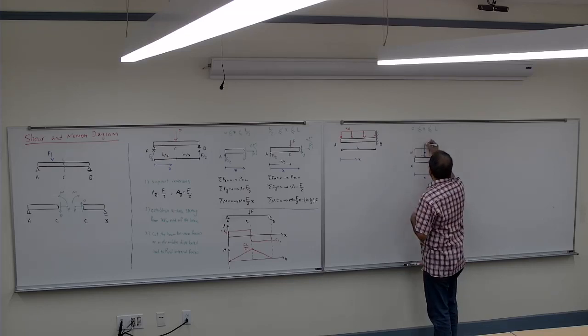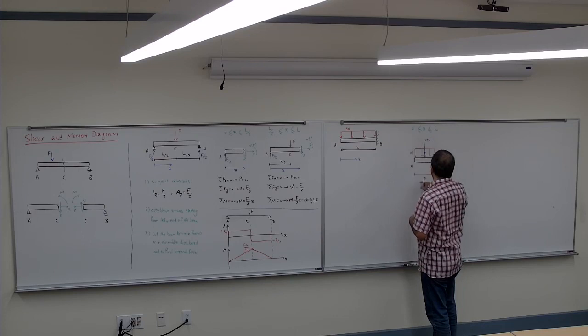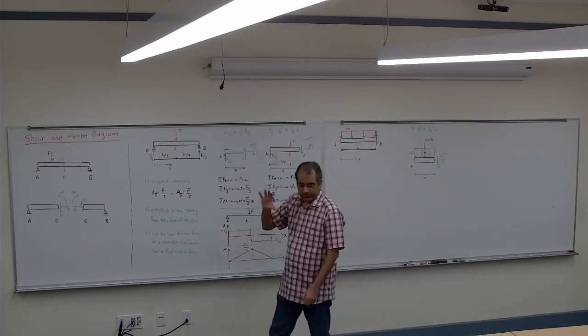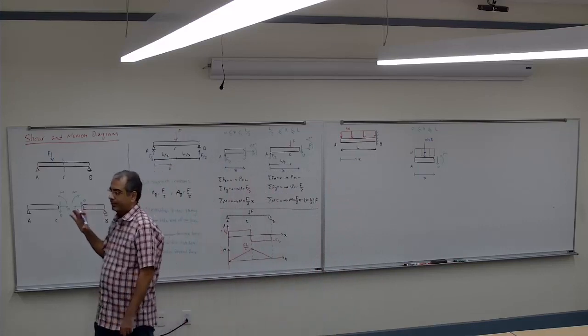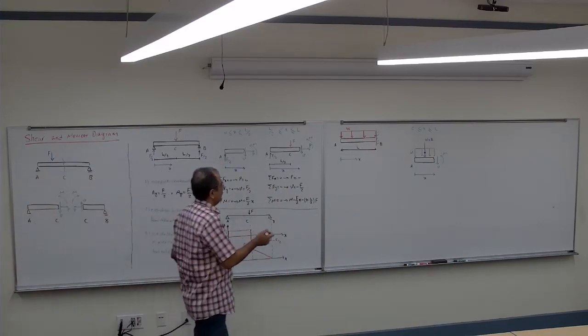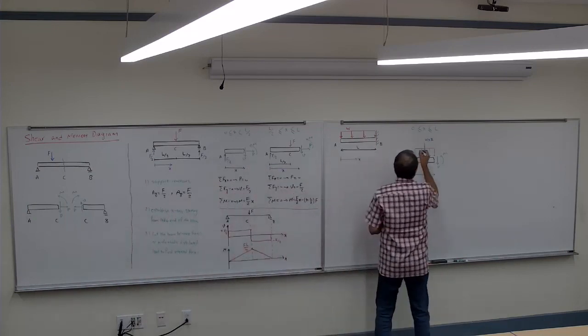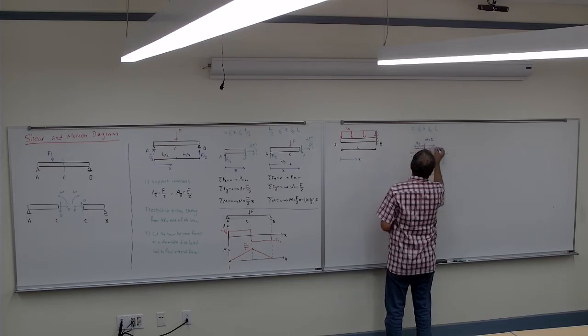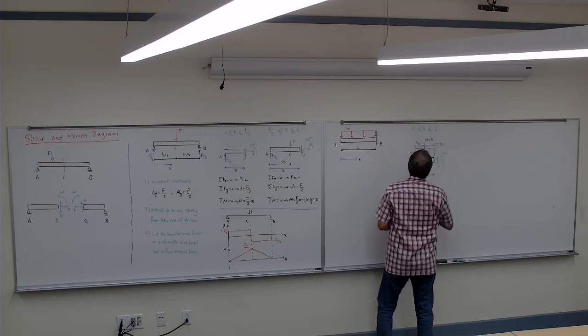So the magnitude would be W times X. So that's the magnitude of that load. And the distance for that is going to be sitting right in the middle. So that distance is half of the X, and that distance is also half of the X.